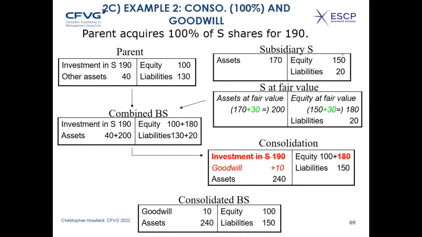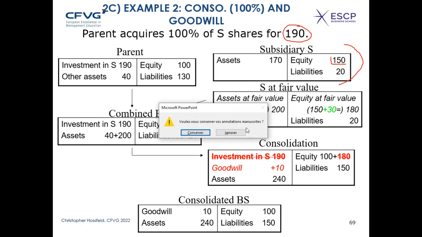It corresponds more to reality that we pay, for example, 190 to buy the same subsidiary. You see, the subsidiary numbers did not change, still with the book value of 150. So usually in real life, acquirers and investors pay more for a company than just the book value.